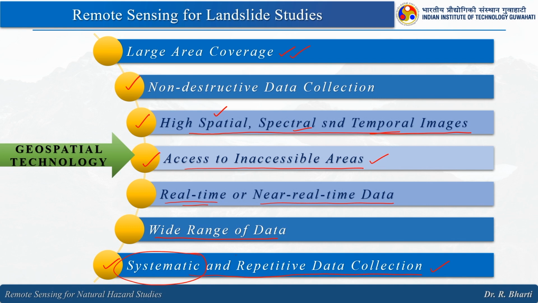So, the pre and post event information, or if you want to see how an area has evolved over time in a decade or 2 decades, that can be done with remote sensing data set. So, this is the brief introduction about the advantages of remote sensing or geospatial technology.